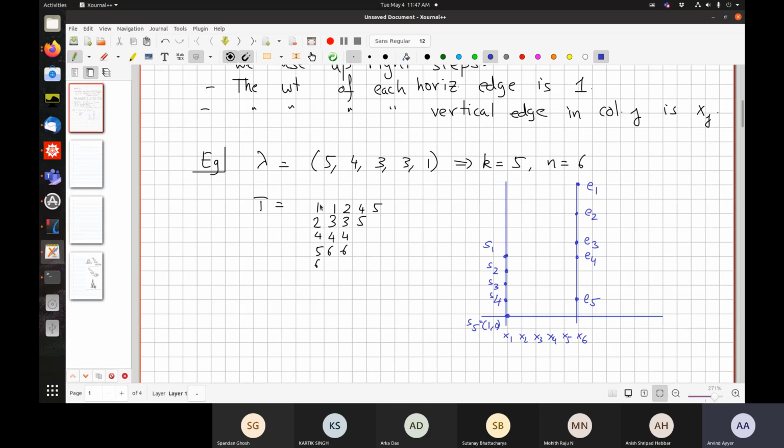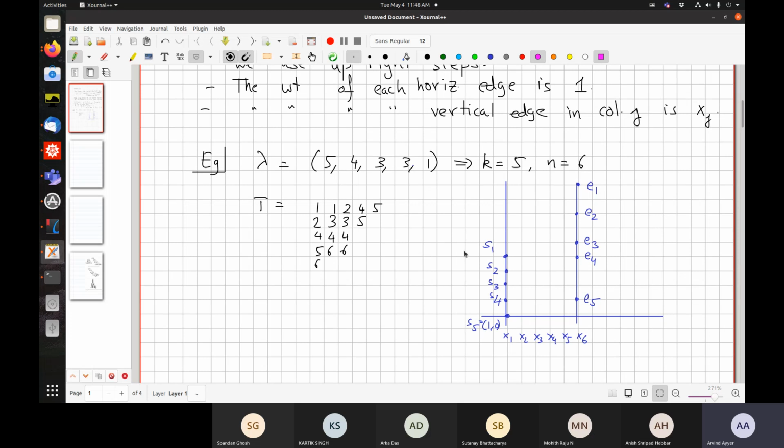So what I want is to mark the positions of the vertical edges according to these numbers. What this says is that there are two vertical edges in the line x equal to 1. There's one vertical edge at line x equal to 2, one at x equal to 4, and one at x equal to 5. And I'll fill the rest of the path accordingly.